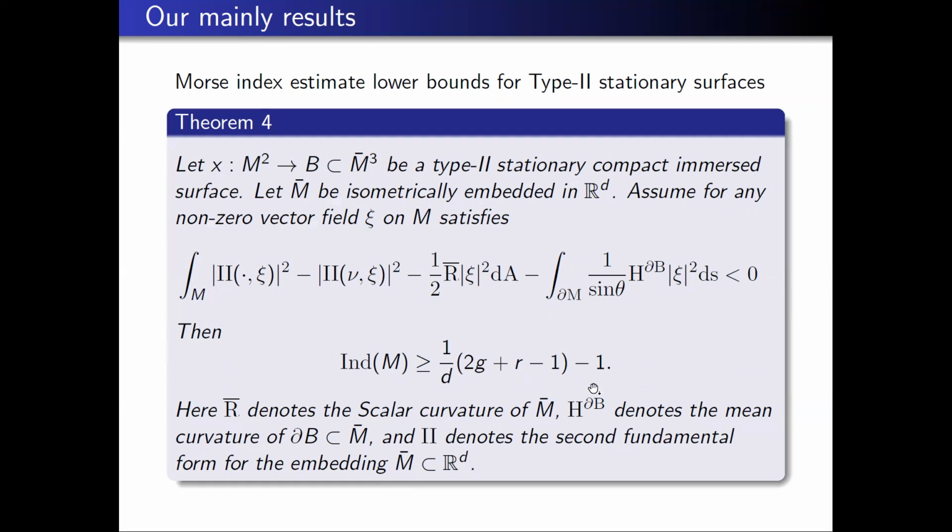Then we have this lower bound for the Morse index of M. Here, R bar denotes the scalar curvature of M bar, and H of boundary B denotes the mean curvature of boundary B in M bar, and the second fundamental form denotes that of the embedding of M bar in R^D.